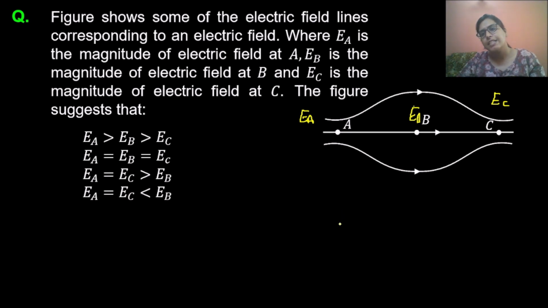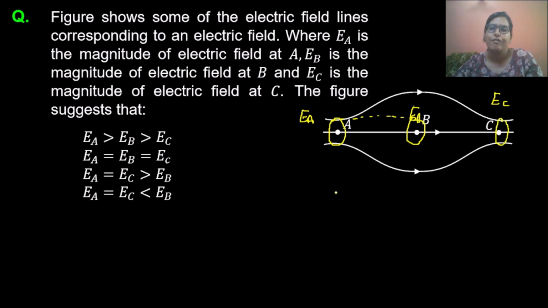Where electric field lines are more, the magnitude of the field will be stronger. Here we can see, if we take a small area, in this area 3 electric field lines are passing, and if we take a similar area here, only 1 electric field line passes through it, and at C 3 lines pass.